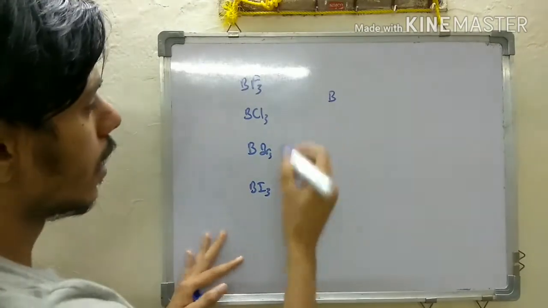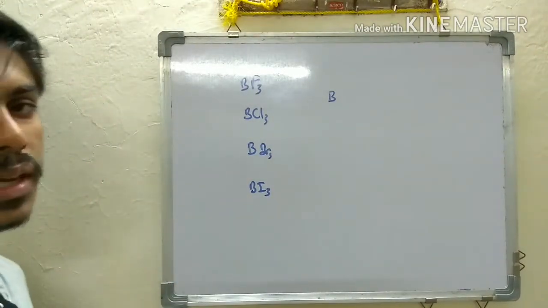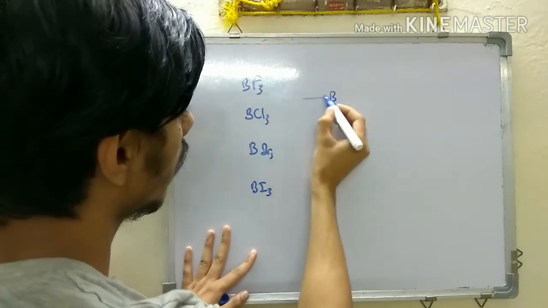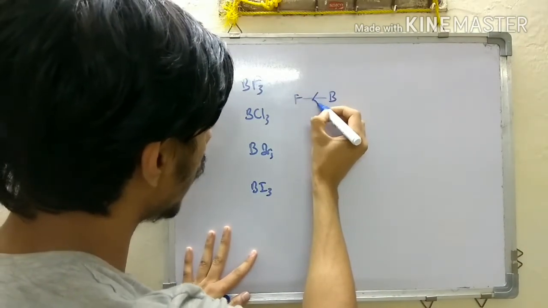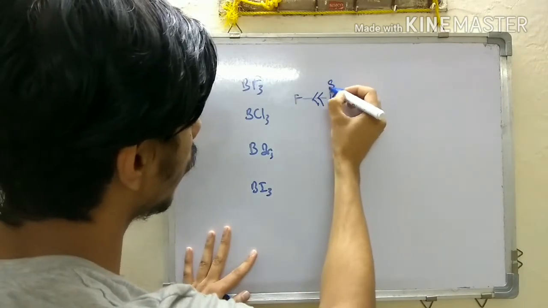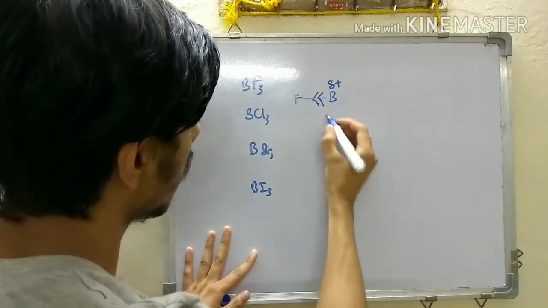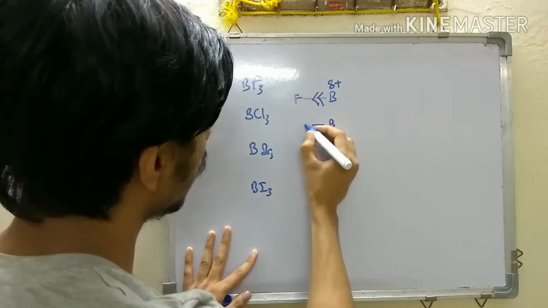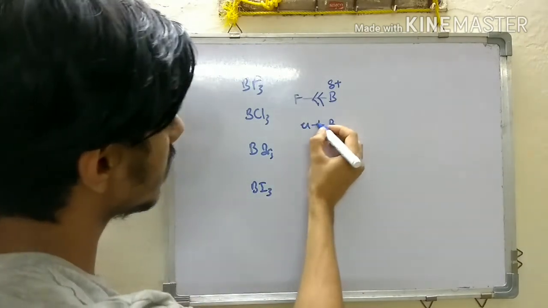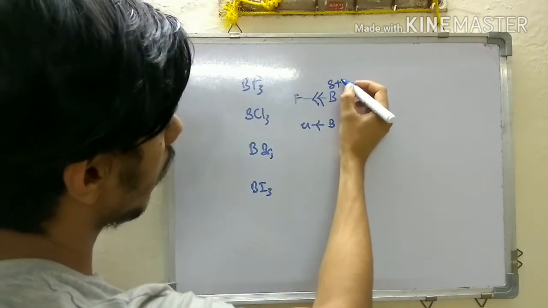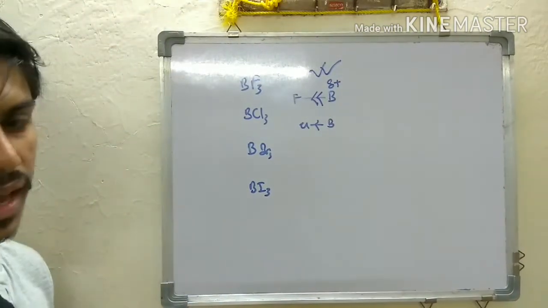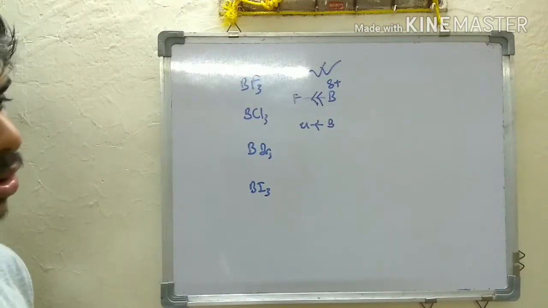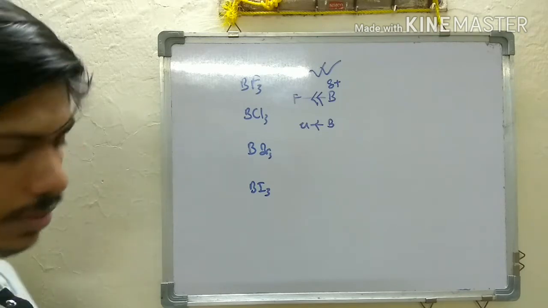First of all, if you think only about electronegativity, you may think that due to the presence of fluorine, which is more electron withdrawing, boron will have more positive charge in comparison to chlorine, because chlorine is less electronegative. So you will think that BF3 will be the strongest acid, but actually the reverse is true, right?